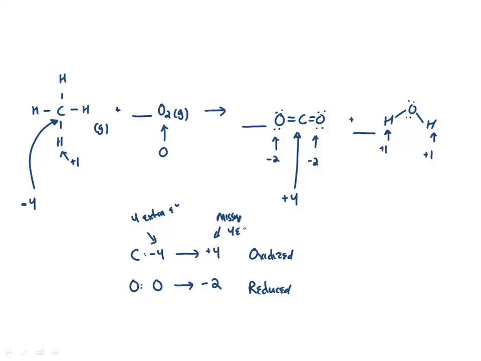Meaning it had extra electrons, now it's missing some, so it lost electrons, right? And it's weird because by losing electrons, it got more positive, right? Meaning one way you can keep track of oxidation reduction is some people will say if the number gets more positive, then it's an oxidation. If it gets more negative, then it's a reduction. That's a 50-50 thing. I get lost too. I just have to picture where the electrons are going. And then the oxygens each had to gain electrons to go from 0 to -2.